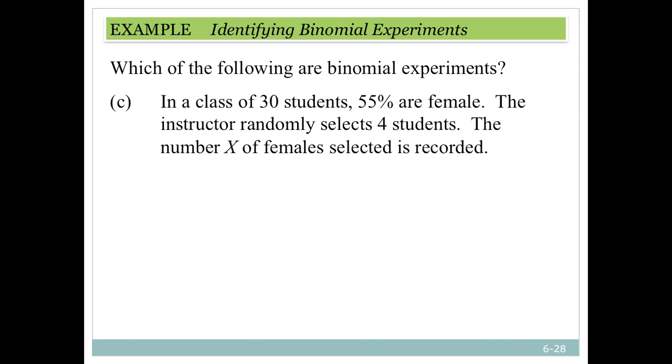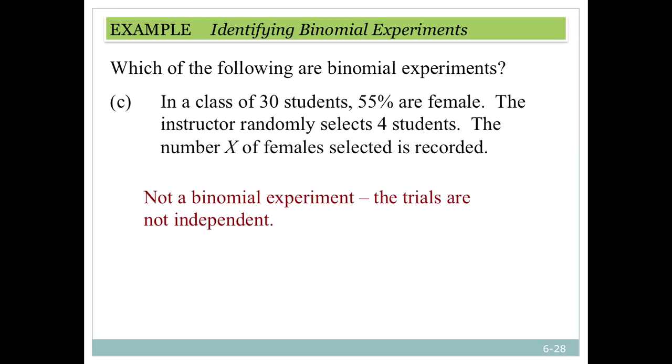All right, let's look at this example here. In a class of 30 students, 55% are female. The instructor randomly selects 4 students, and the number of females is recorded. If we take a look at this one, we have a fixed number of trials. We have 4 students. And if you think about this one, this is not going to be independent because we have a fairly small class.